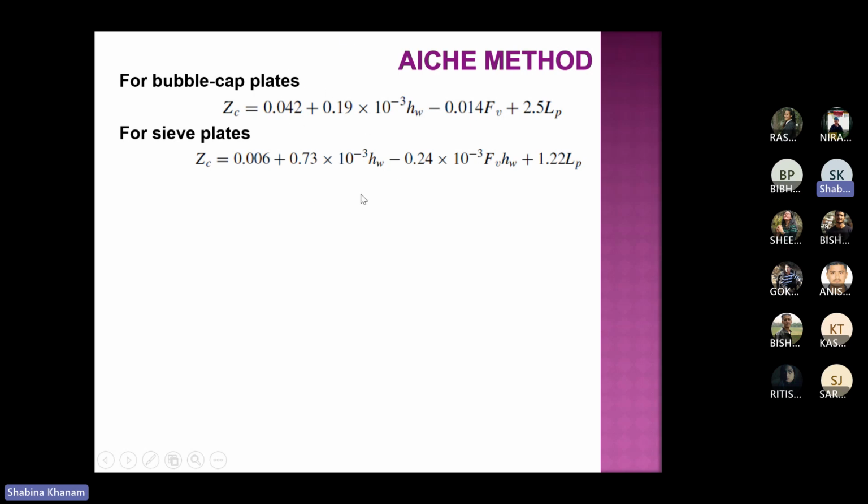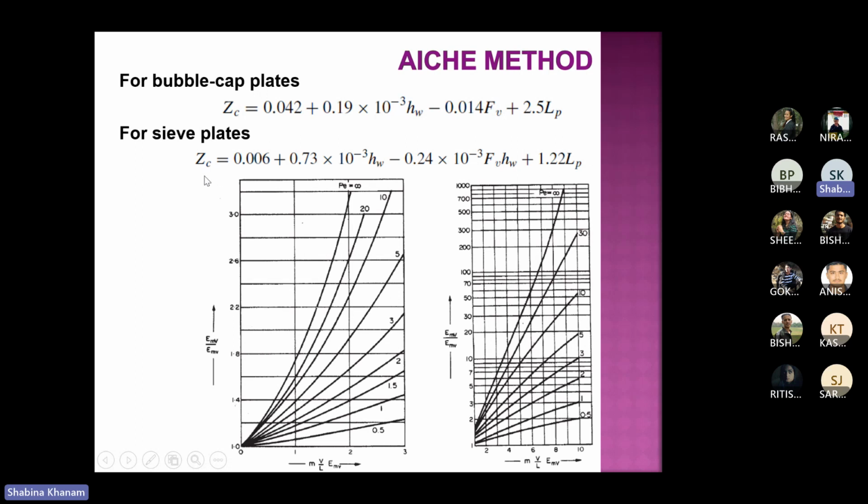Depending upon the geometry of each plate, liquid hold up will be calculated. The weir height HW may be common to all, but other parameters like active area and average width may vary depending upon the geometry. So whatever plate is given to you, to find out the efficiency, you can see from here.